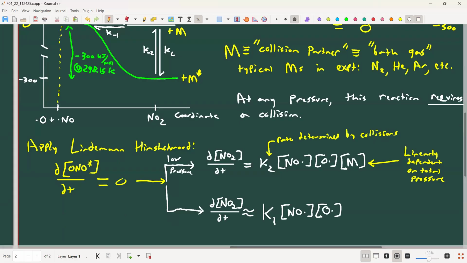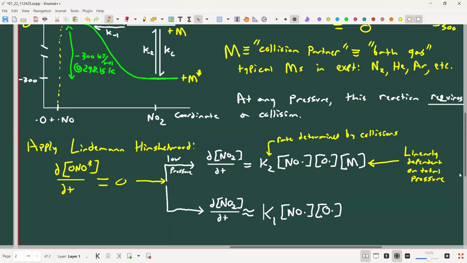We have two objects that have no barrier. All they need to do at high pressure, assuming they can constantly collide and remove energy, is just come together, right? So we get second order kinetics, first order in both of them. Double the amount of NO, reaction goes twice as fast. But at low pressure, we have to depend on the total pressure of the system, which includes our collision material.